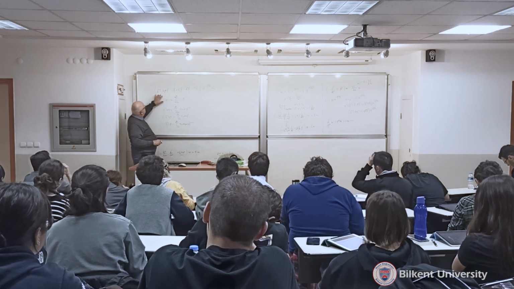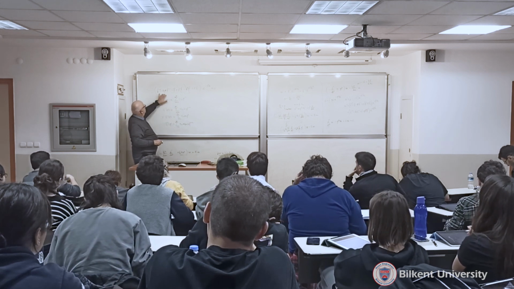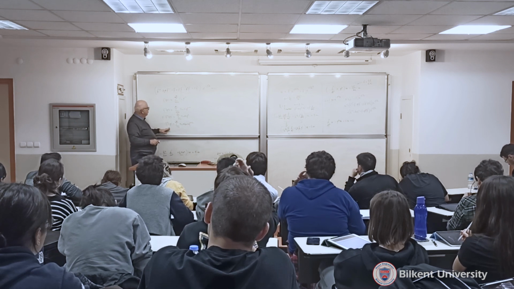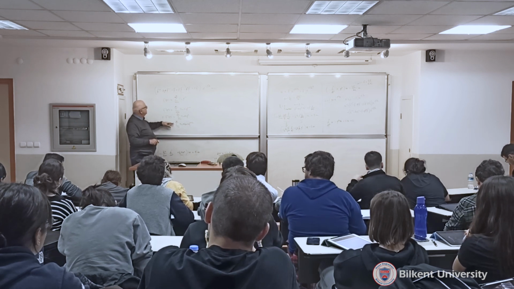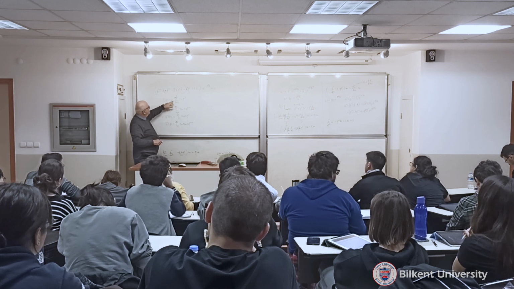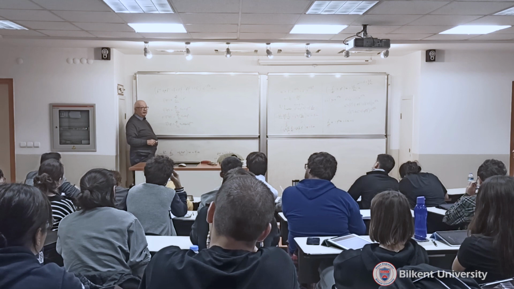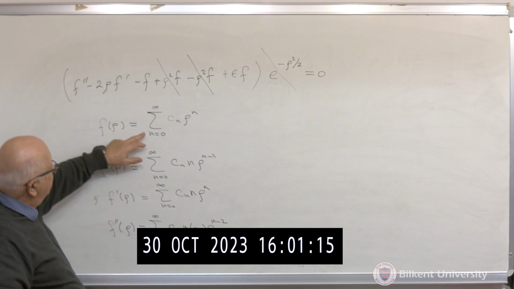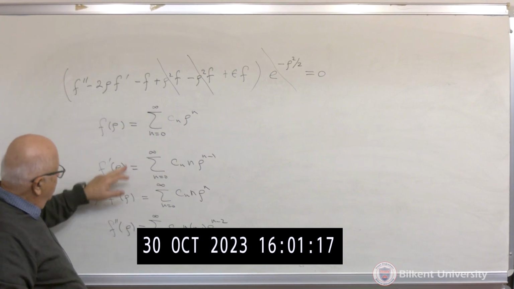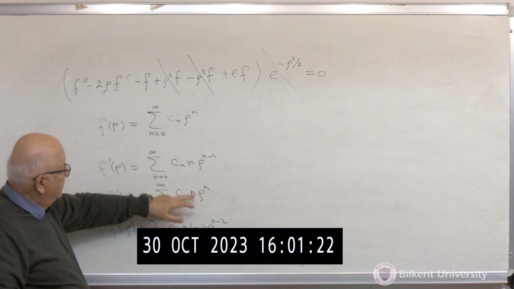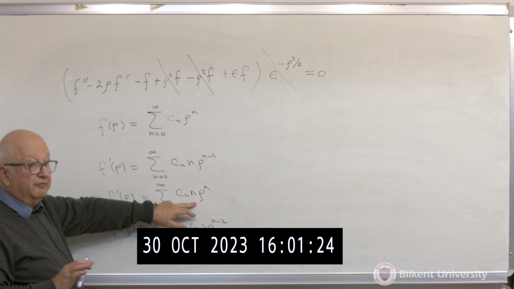Now I'm going to put all of these into this equation, but I would like to have all of the summations with the same limits. Here I have n from 0 to infinity, and here I have n from 0 to infinity with rho to the n, so those fit very easily.